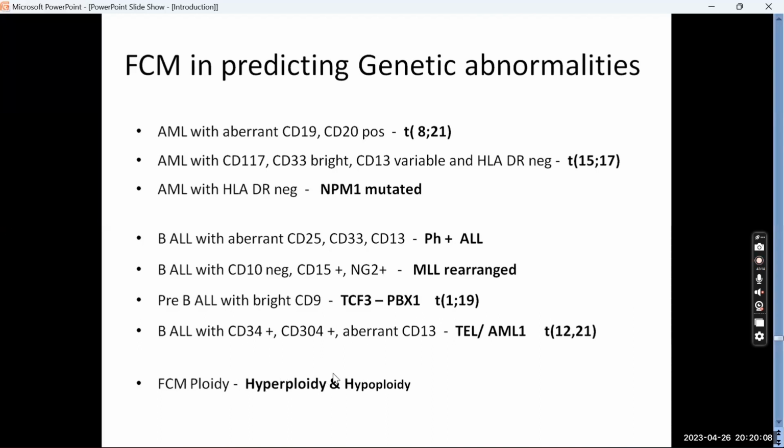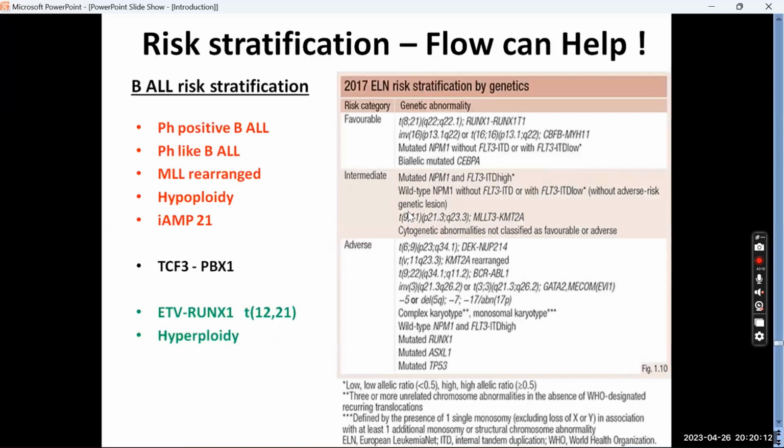So it can help you do ploidy by flow cytometry, which is called flow cytometric ploidy. And it can also help in risk stratifying the case. As I said, B-ALL with high risk is Ph positive B-ALL. Ph-like B-ALL, we have some markers for Ph-like, such as CRLF2. So that is Ph-like ALL. MLL rearranged, I just showed you.